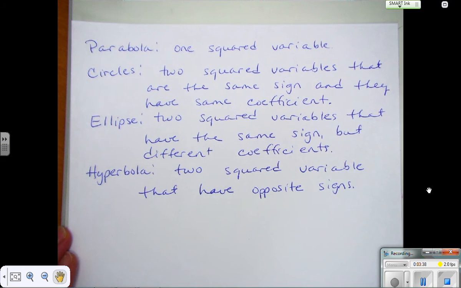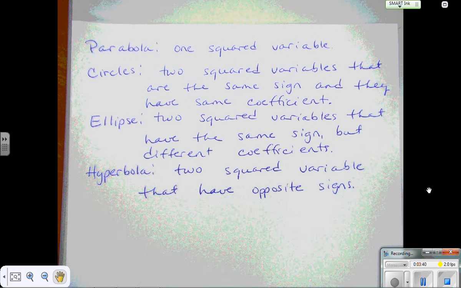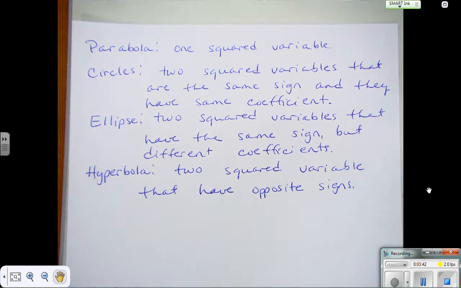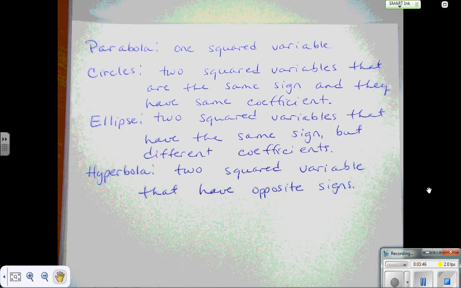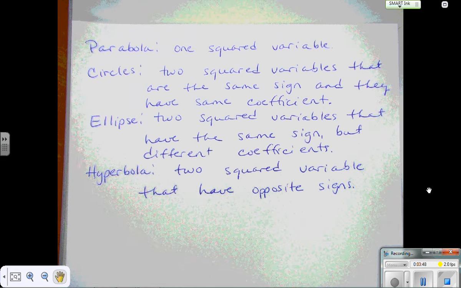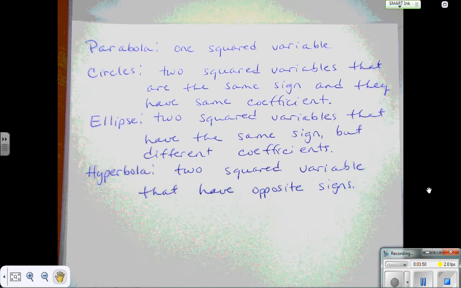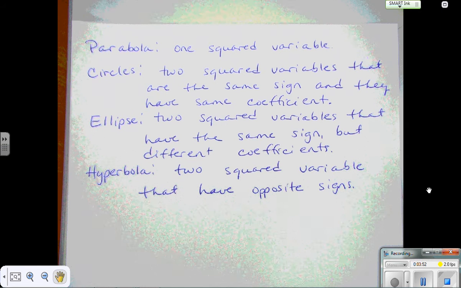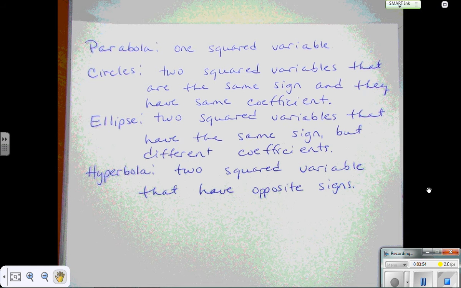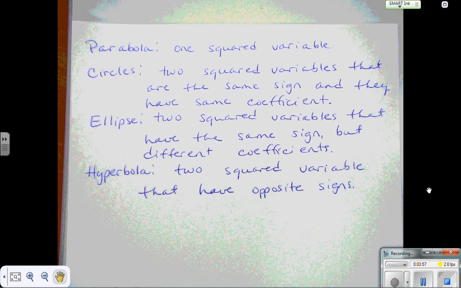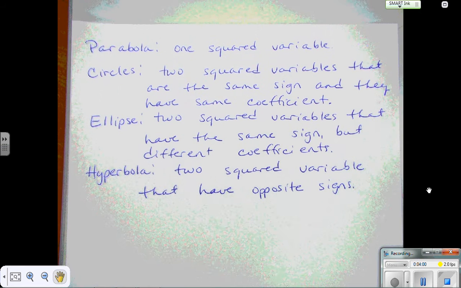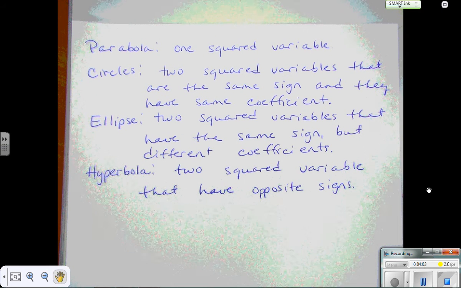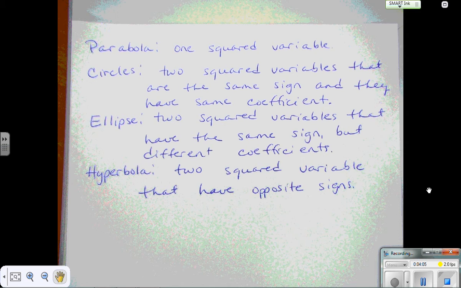So it's going to be a subtraction problem. They can have the same coefficient. A hyperbola can do that, but it has to have opposite signs. One's a positive, one's a negative. So, for example, on your sheet, number 5 is going to be a hyperbola. Do you see any other hyperbolas? 7 and 11, right. That's right.